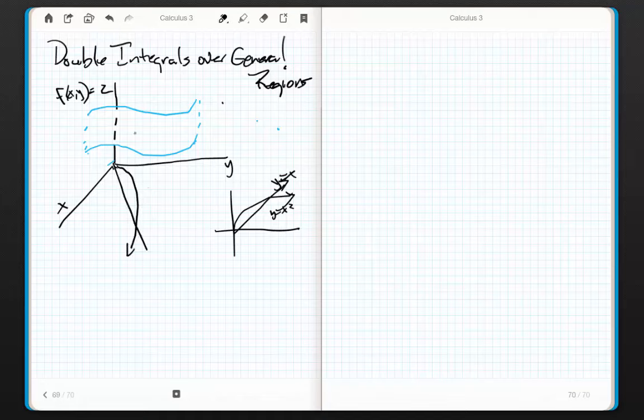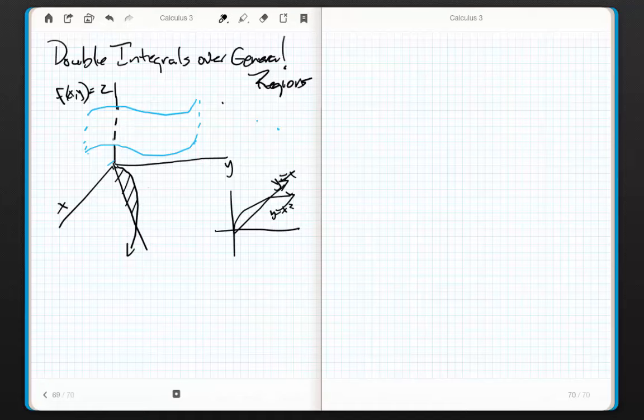Okay, perfect. So now when we take this double integral over this general region, if you think about it, if I bring this up here, it's not a level curve, but there are points all along this region that map directly up to f of x, y, right?